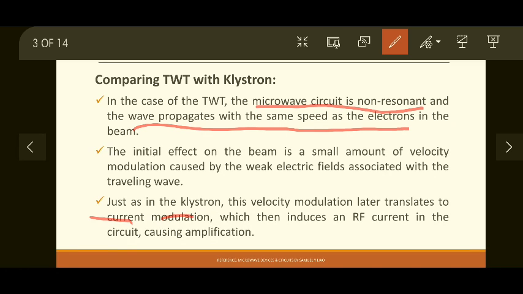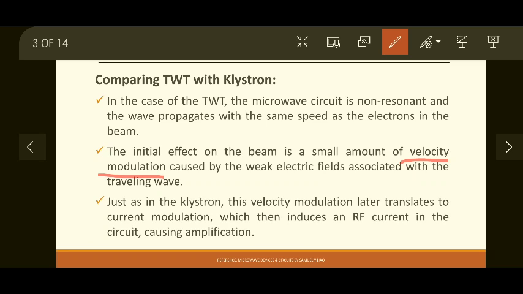Whatever the speed of the electron beam, let's say this is V, the microwave signal will also travel with velocity V. So the same speed will be there. The initial effect on the beam is a small amount of velocity modulation. What is velocity modulation? That we have seen in the klystron.